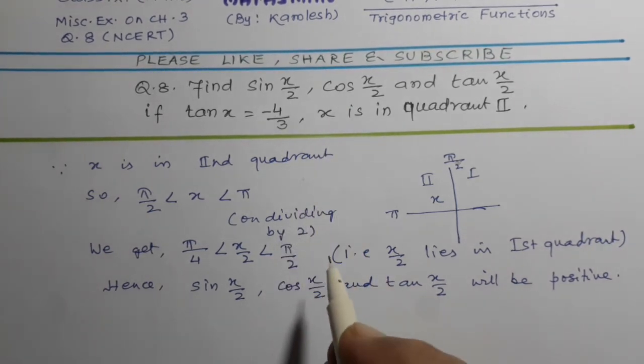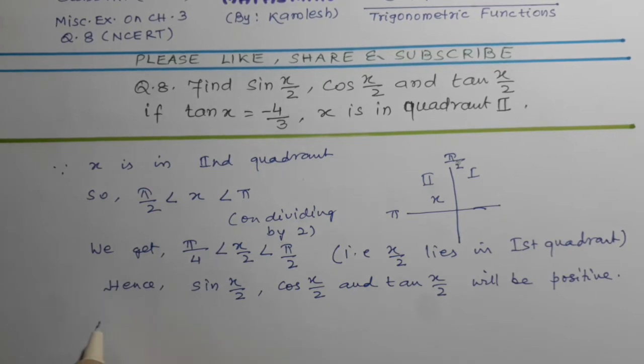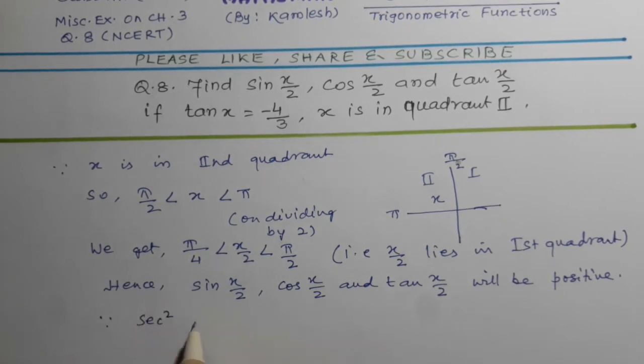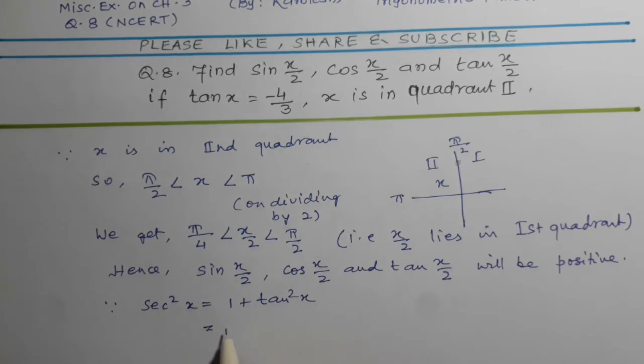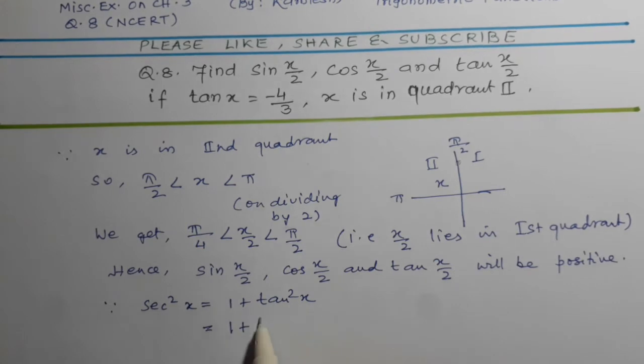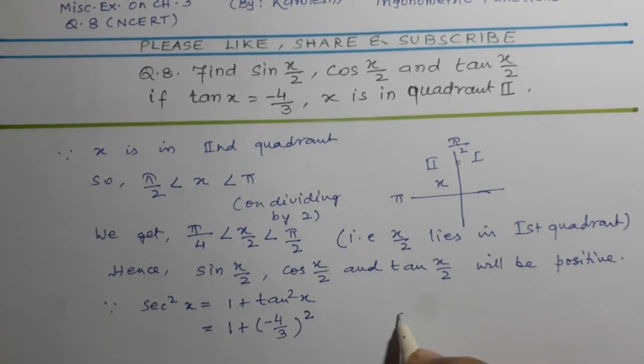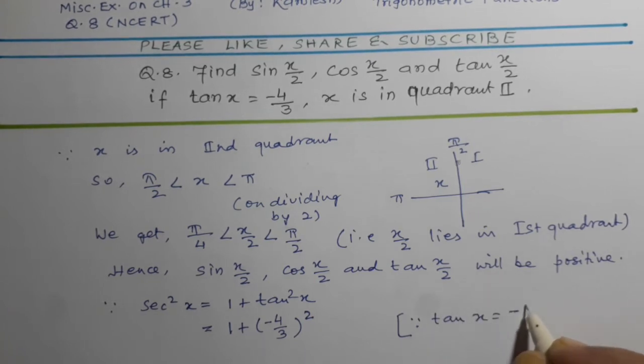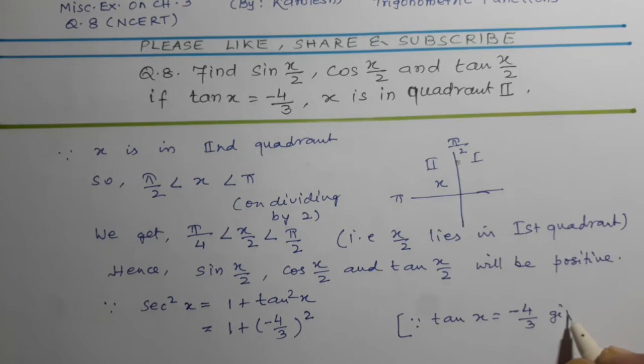For that formula we shall write, sec square x is equal to 1 plus tan square x. This is identity. So here it will be 1 plus tan square x. Tan x is equal to minus 4 by 3. We shall write minus 4 by 3 here, and as it is a square, so we shall put a square here also. Since tan x is equal to minus 4 by 3 given, right?